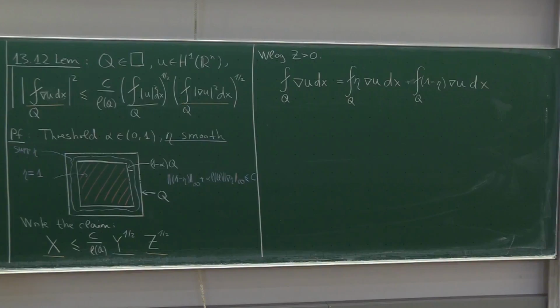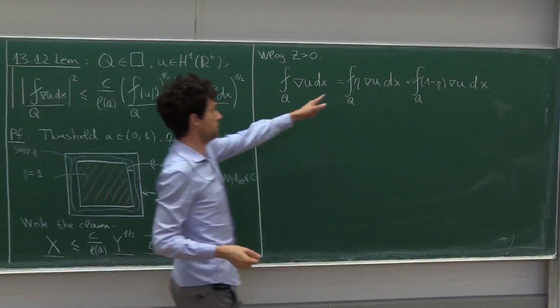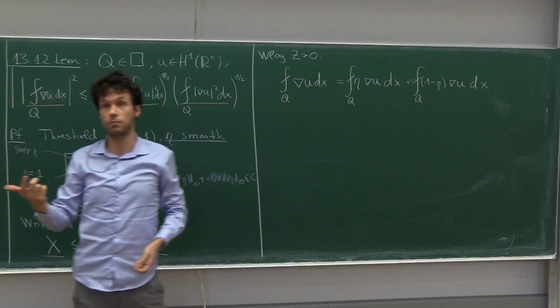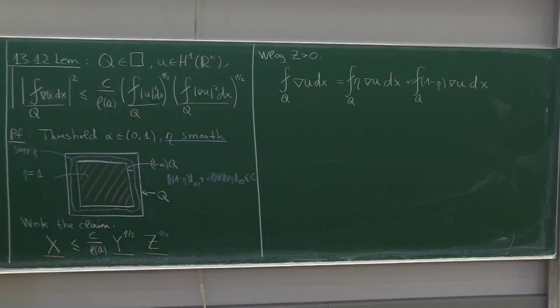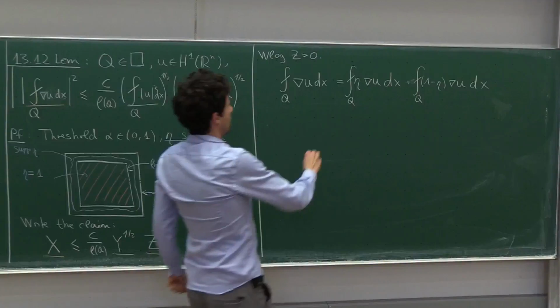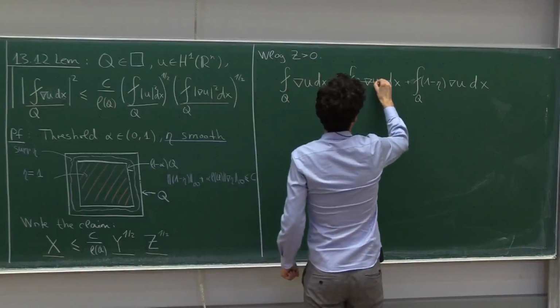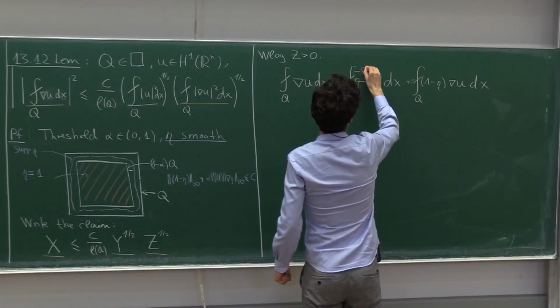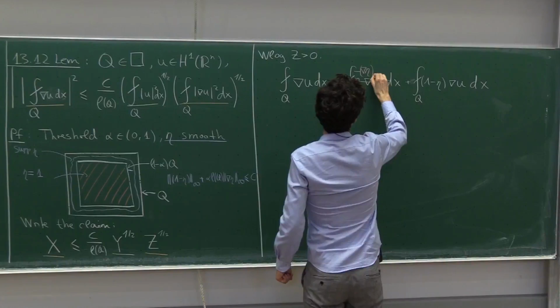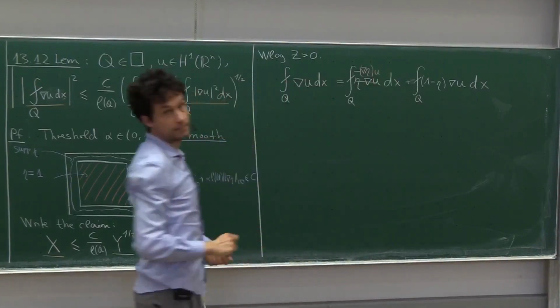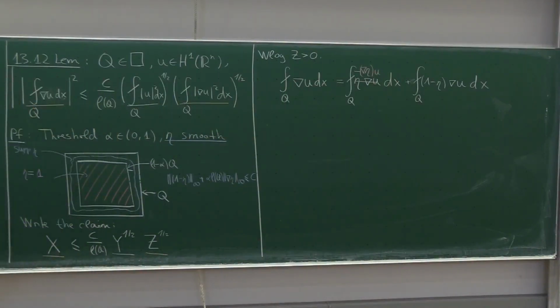And then I'm going to integrate by parts. I can integrate by parts this first term, because eta has compact support in Q, so there are no boundary terms. So when I integrate by parts, I can turn this into a minus grad eta times u. Integration by parts, or definition of the weak derivative.